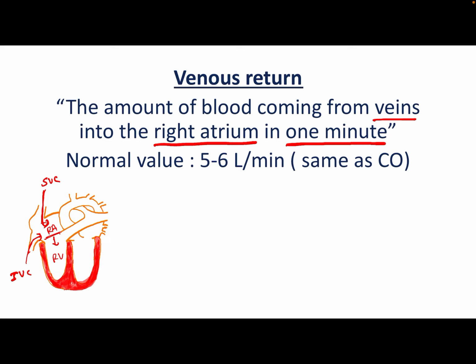In normal conditions, venous return is the same as the cardiac output. Whatever amount of blood comes into the right atrium in 1 minute, the same amount is pumped by the left ventricle into the aorta in 1 minute. So cardiac output and venous return are the same in normal condition. That's why the normal value of venous return is 5 to 6 liters per minute.